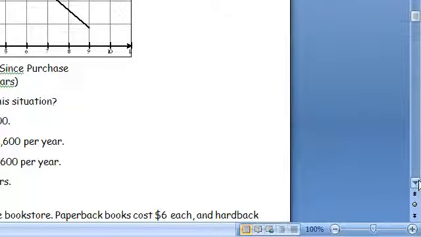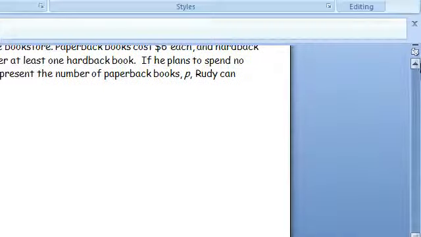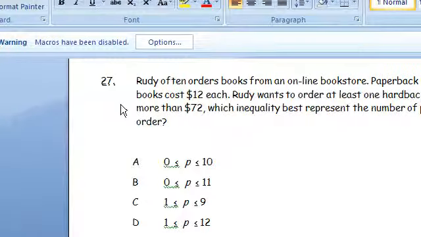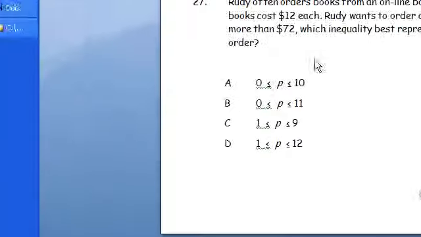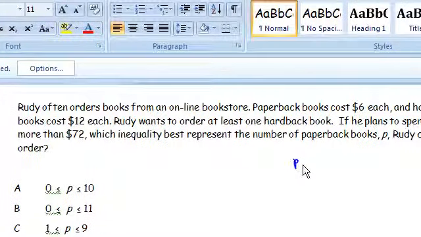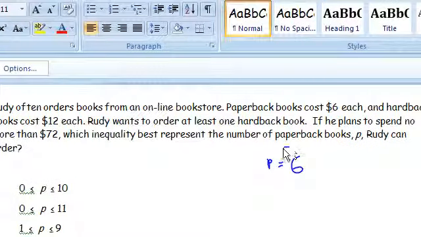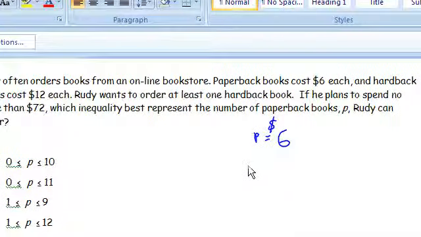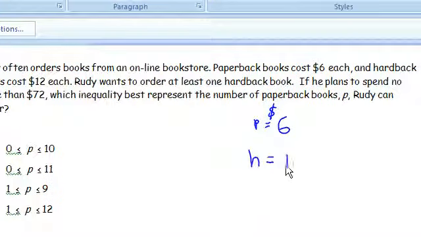Alright, let's go ahead and scroll down. Let's talk about 27 here. Rudy orders books from an online bookstore. Paperback books cost $6 each. Hardback books cost $12 each.